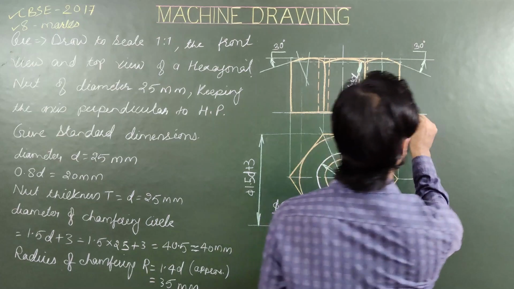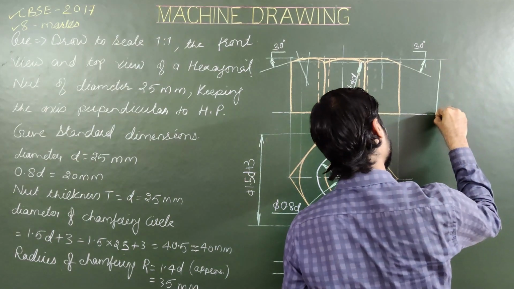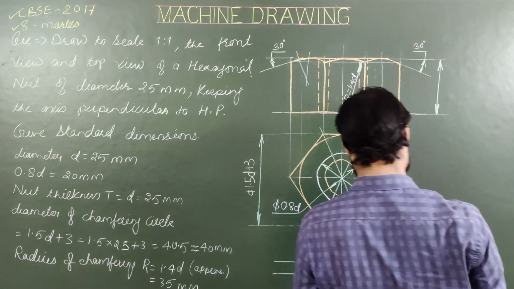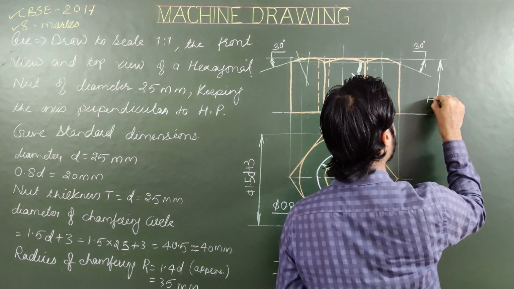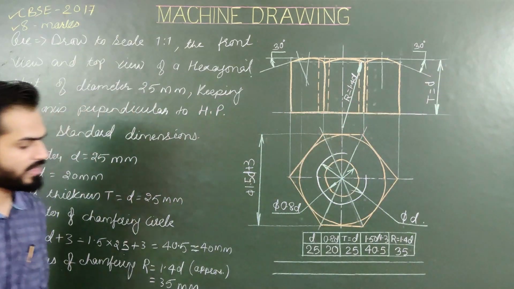Also we have to show capital T, nut thickness, capital T equals D, right?